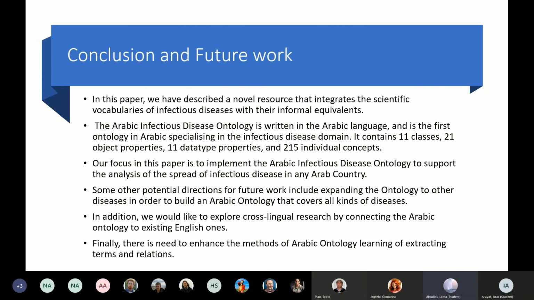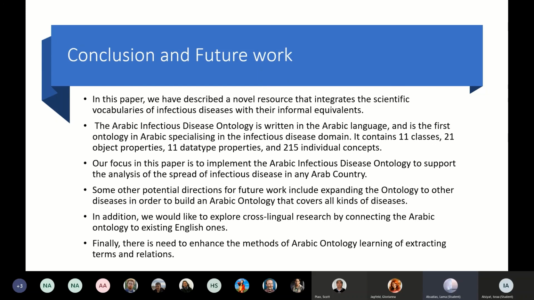In the conclusion and future work, in this paper, we have described an overview of a resource that integrates the scientific vocabulary of infectious diseases with the informal equivalent. The Arabic infectious diseases ontology is written in Arabic, and it's the first ontology in Arabic specializing in the infectious diseases domain.